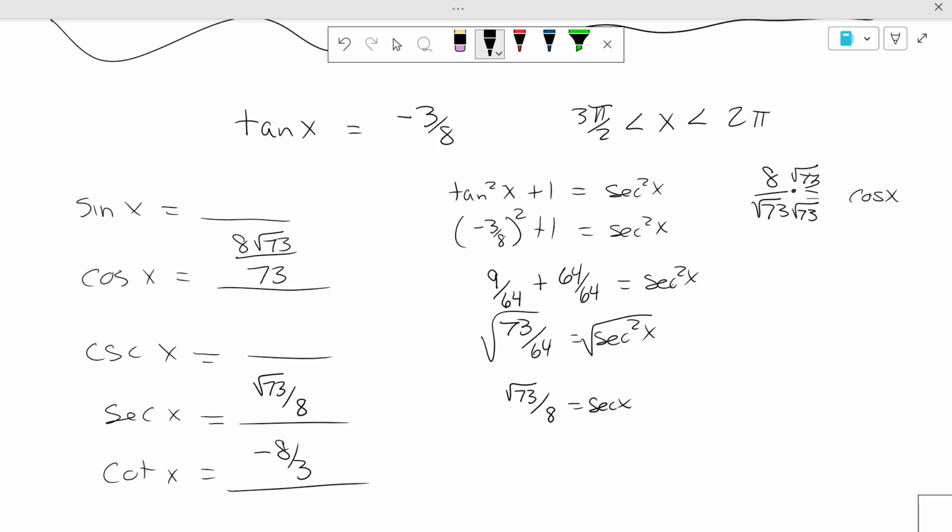Now what do we want to find? I don't want to mess with sine squared plus cosine squared equals 1, because that's just complicated. We'll have big numbers. So what else could we do? We could do what Macy wanted to do and find cosecant. How do we find cosecant? Cosecant squared of x equals cotangent squared of x plus 1.